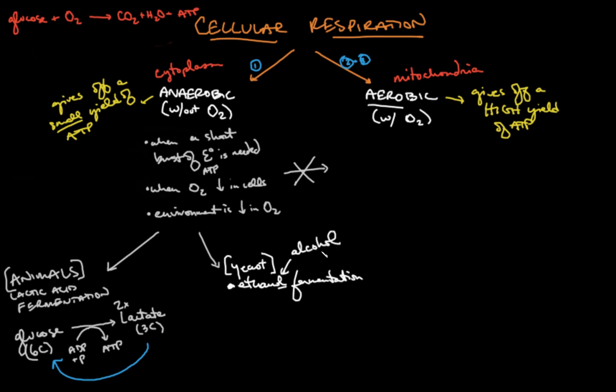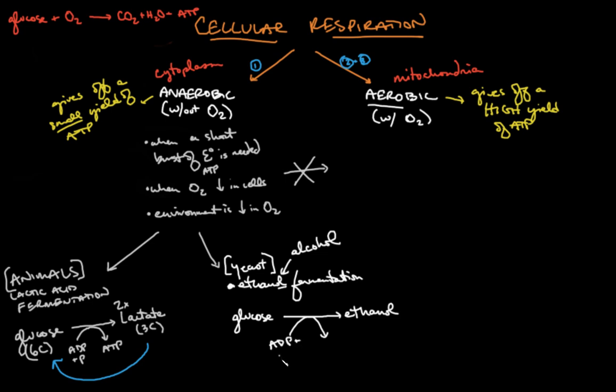So this is how alcohol is produced. What happens when there's no oxygen present is this glucose is converted into ethanol, or the alcohol. It's a 2-carbon alcohol.